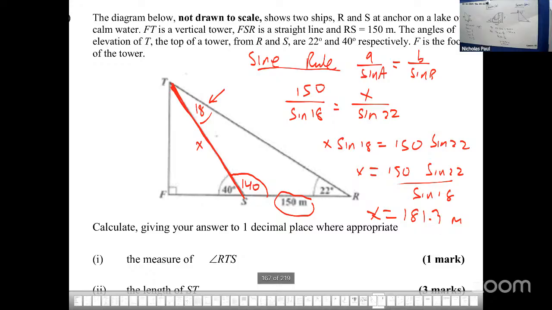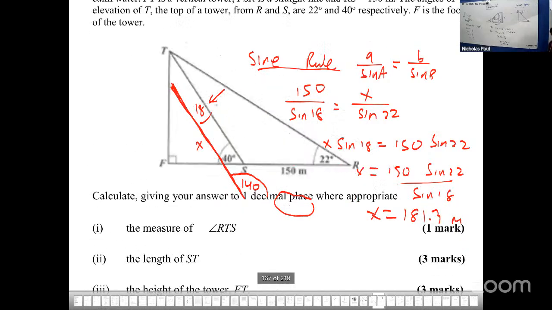It's uncoded. I didn't round off at all. If you didn't round off, your value is 181.8. Everybody okay with how to use sine rule? One more, so you can have one more part.